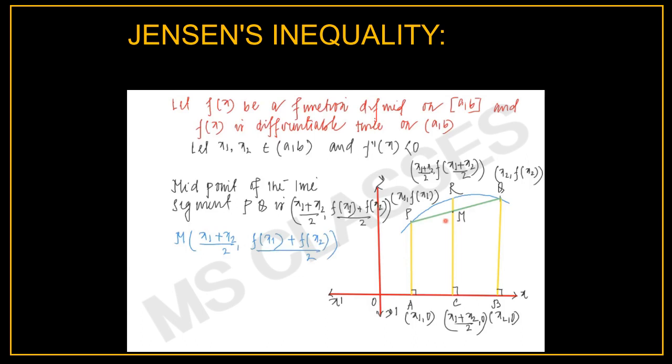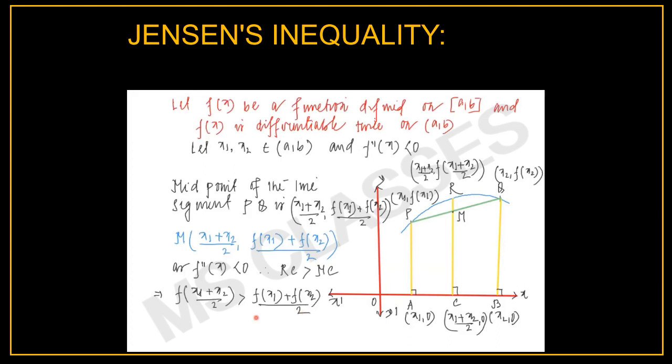Now already it has been told that the shape is concave down. So if it's concave down, this is definitely RC is greater than MC, as f double dash is less than 0. Therefore RC is greater than MC. Now from this we can see that f of (x1 plus x2)/2 is greater than (f of x1 plus f of x2)/2.